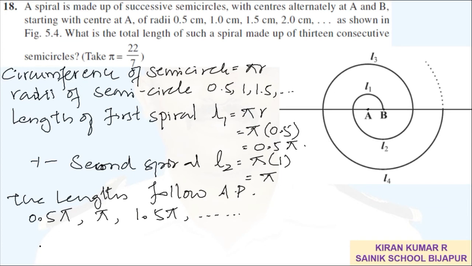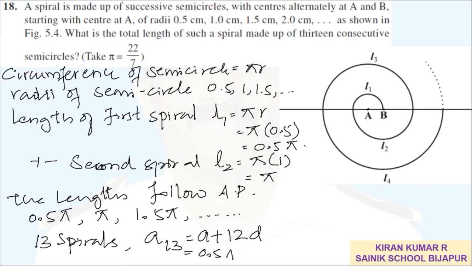Here they have given 13 semicircles, so we can find a13, which is a plus 12d. a value is 0.5 pi plus 12 times the d value, which is also 0.5 pi.